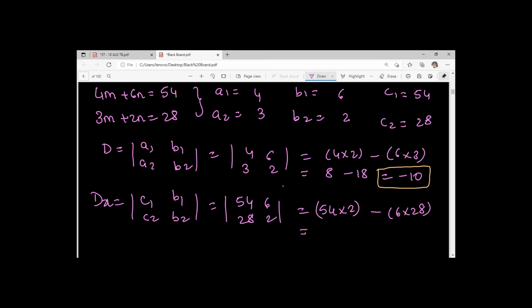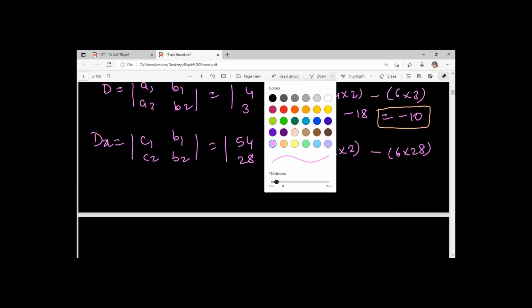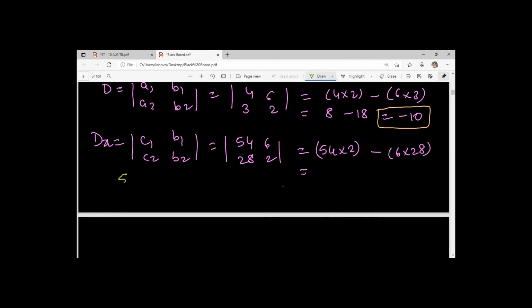Now, if you want, I'll just show the working for you so that you are not doing any errors. So let me take some green color and let us solve. 54 into 2, meaning 2 times 54, so 4, 4, 8, 5, 5, 10, so here it is 108 minus 28 into 6.